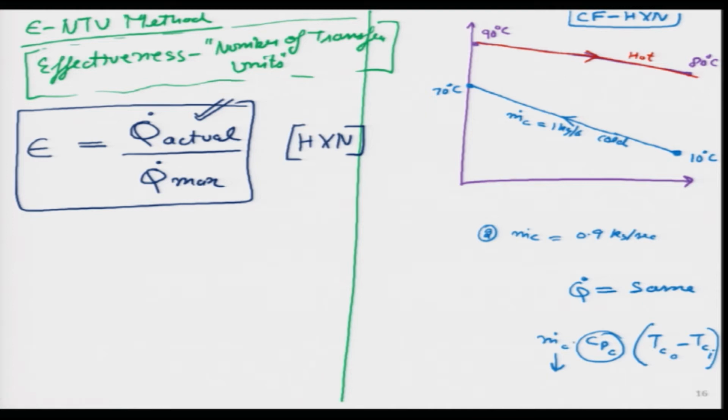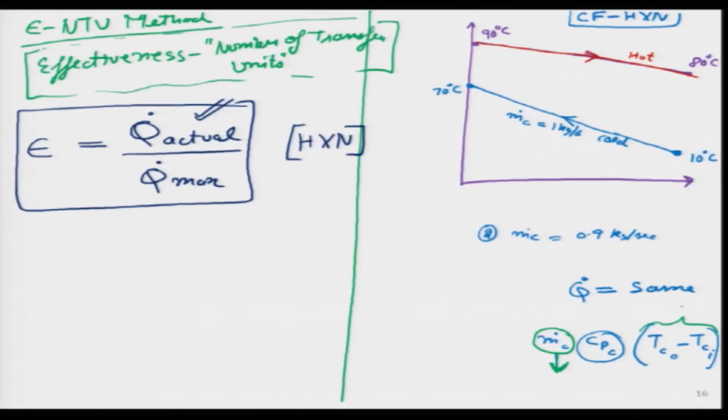I am going to put a green circle around m dot C and put a green arrow with a downward sign, which means I am reducing the mass flow rate of the cold fluid, keeping everything else the same. Mathematically, even if it is not possible physically, my delta T has to rise.